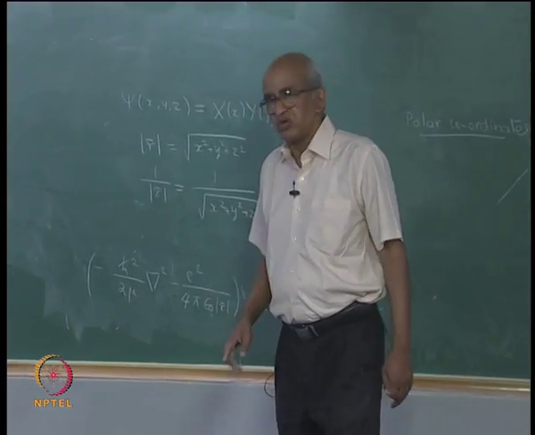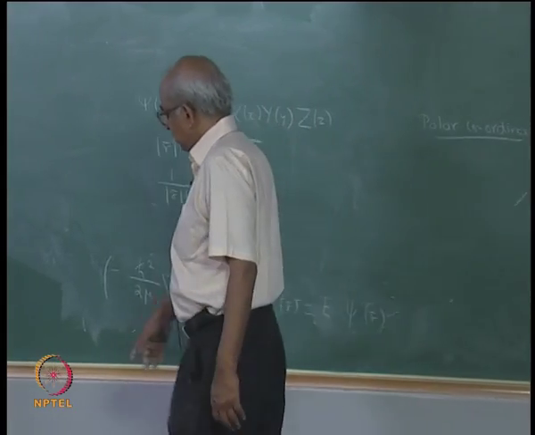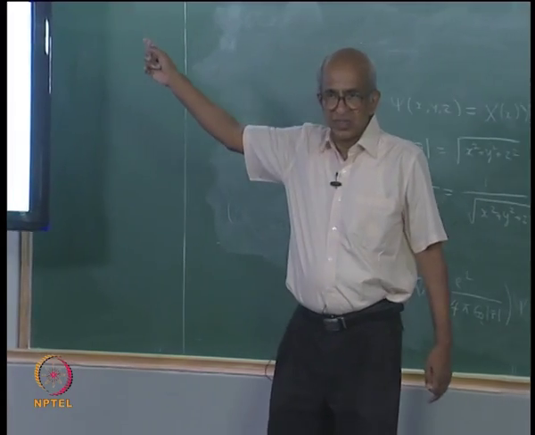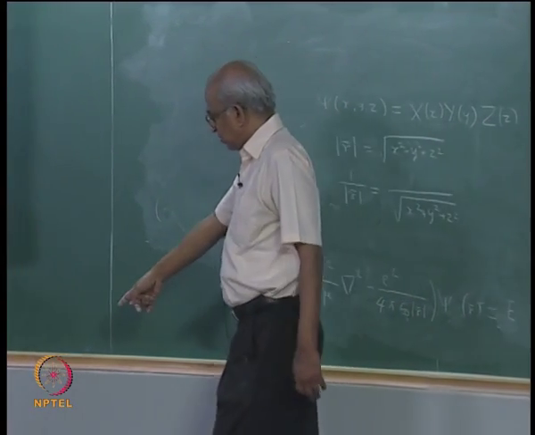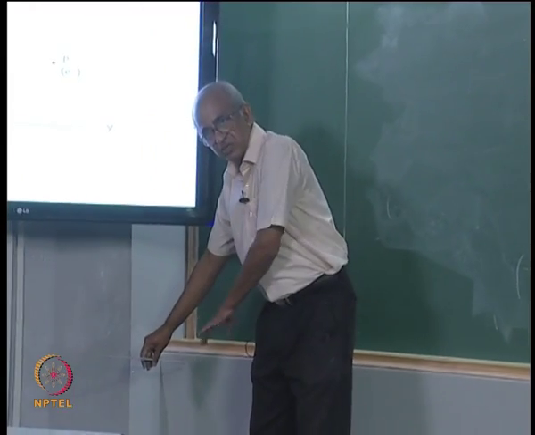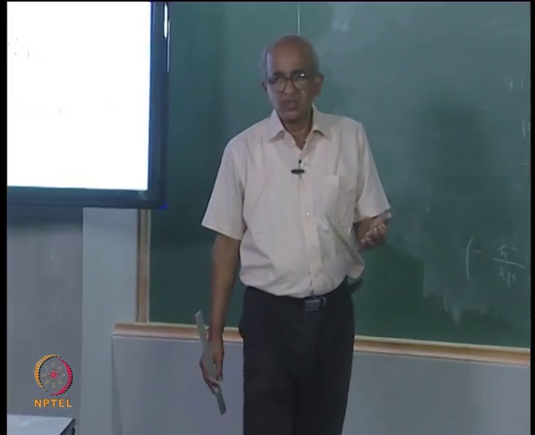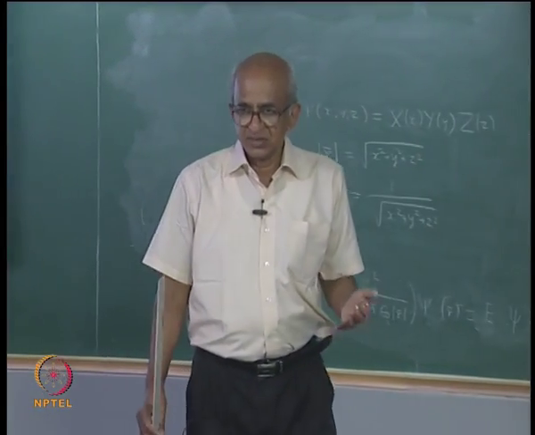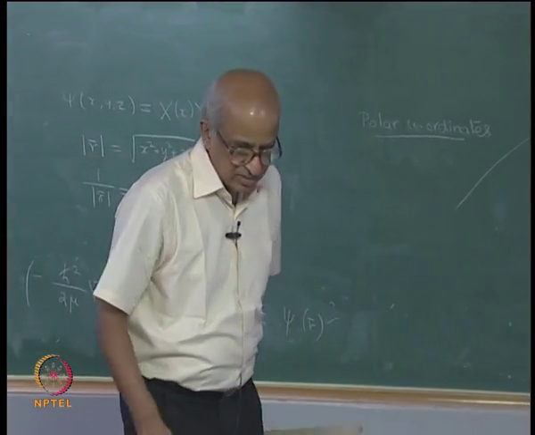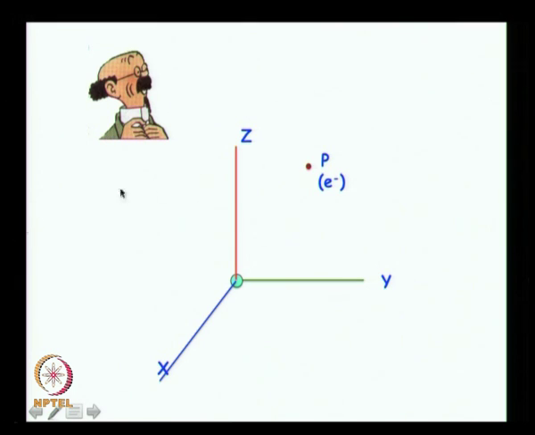That line I will take to be my y axis. Somewhere in the corner there is a line going up vertically, that I will take to be my z axis, and there is a scale put on the floor, and that is going to be my x axis. So the system of coordinates is shown there, and this is my electron.